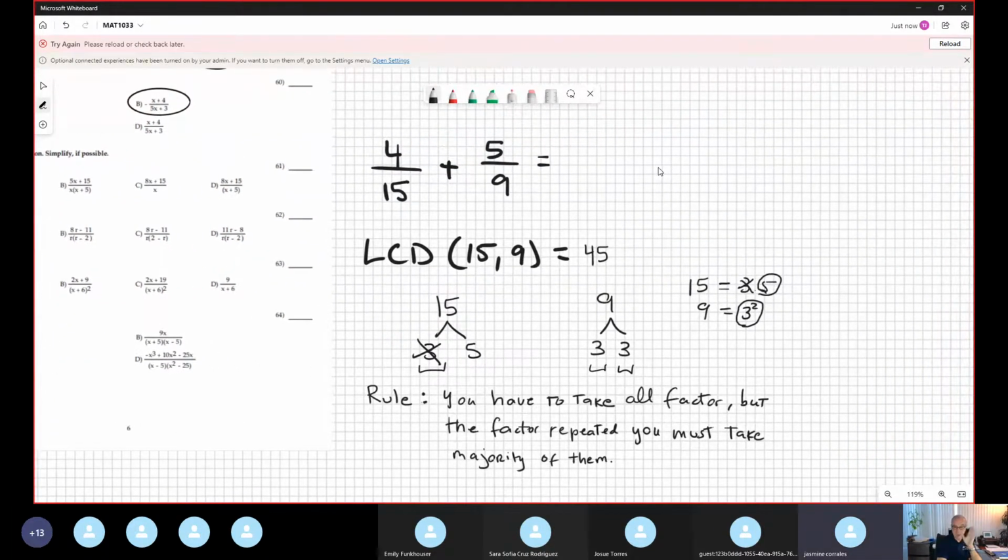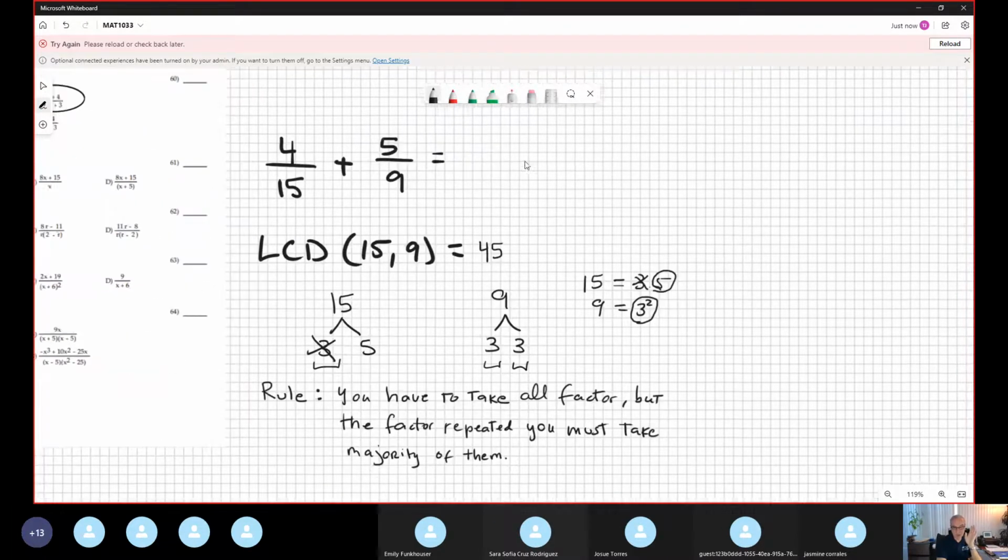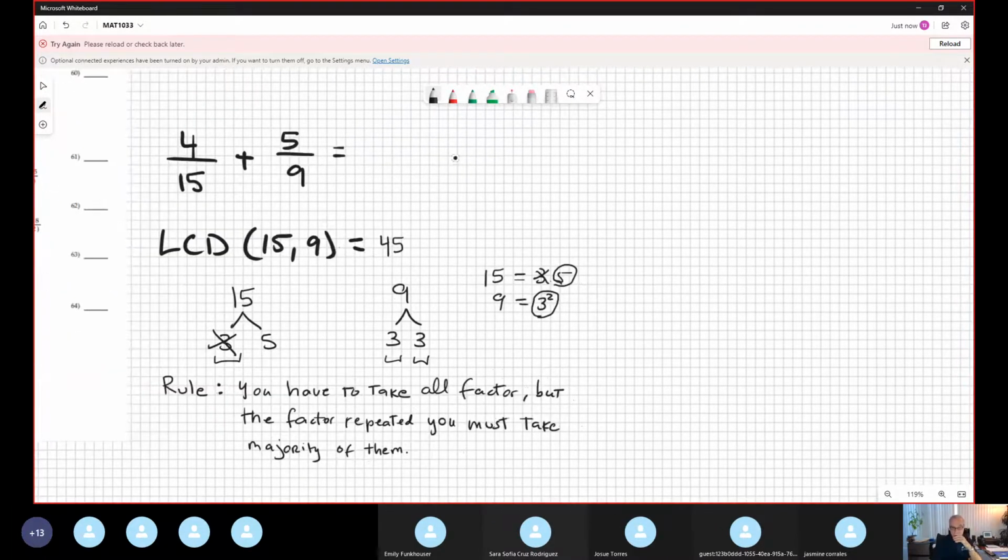Yes. And this concept is applied not only in numerical examples, but in algebraic expressions. Suppose, quickly, that we have x plus 5 squared and you have, for example, x plus 3, and you need to find the least common denominator.